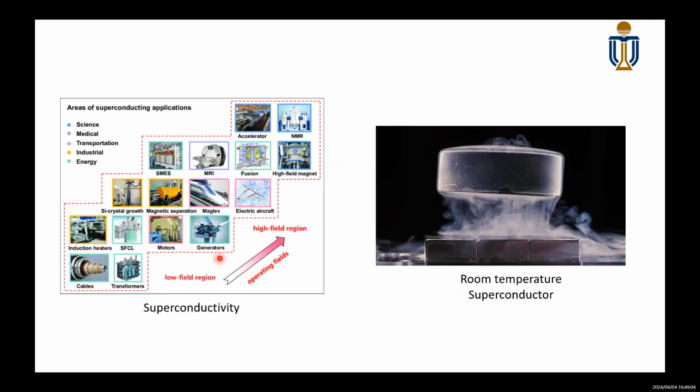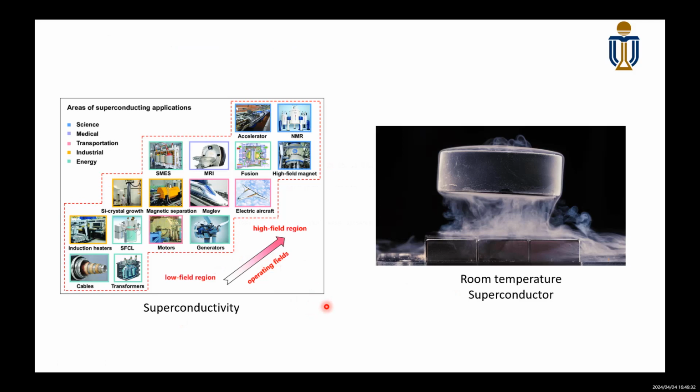Then let me talk about one example, the superconductor. The third law of thermodynamics sets a limit on how close to absolute zero a material can be cooled. This limit is an important factor in the design of superconductors. Superconductivity is a phenomenon in which certain materials exhibit zero electrical resistance at very low temperatures.